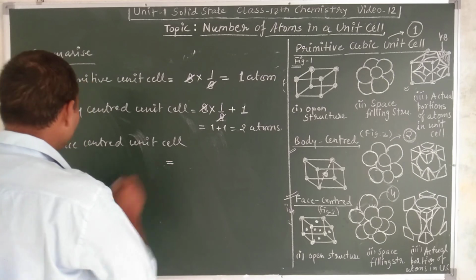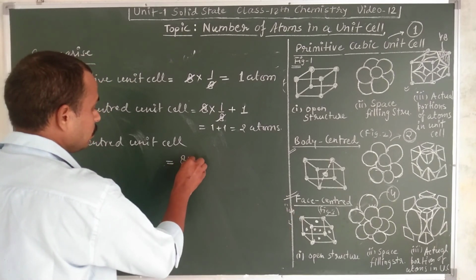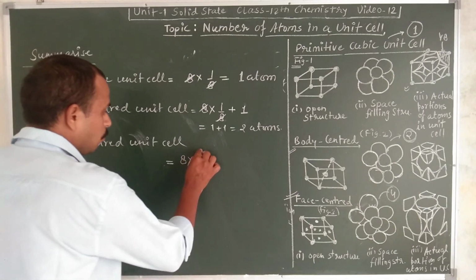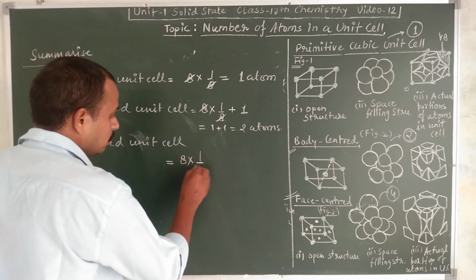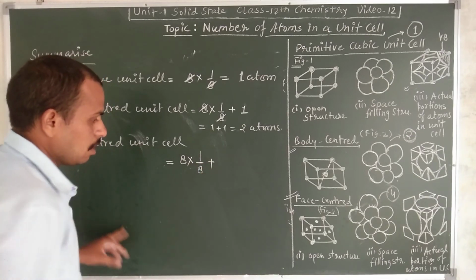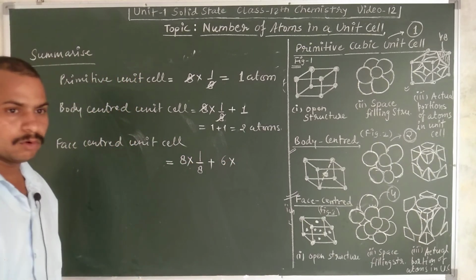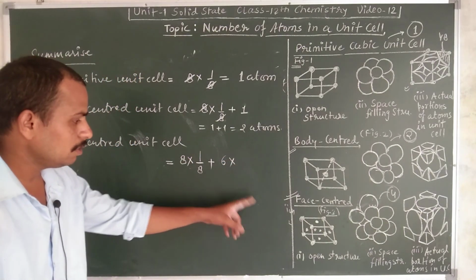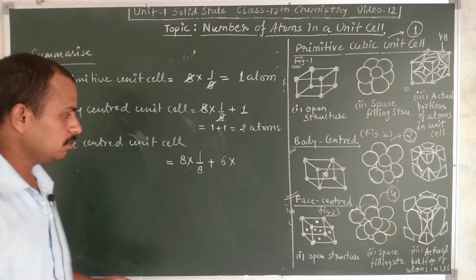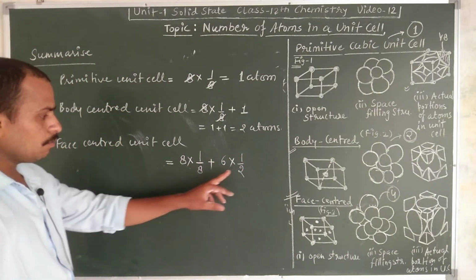If we talk about face centered, at corners 8 particles, portion 1/8, and plus how many faces? 6 faces, and portion of 1 atom inside the faces is 1/2 part.